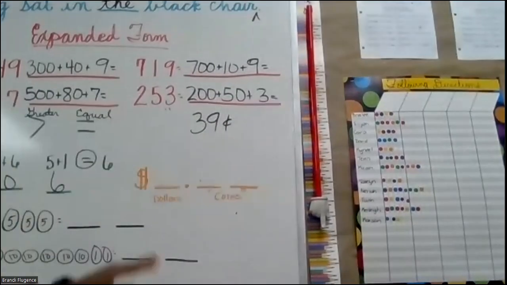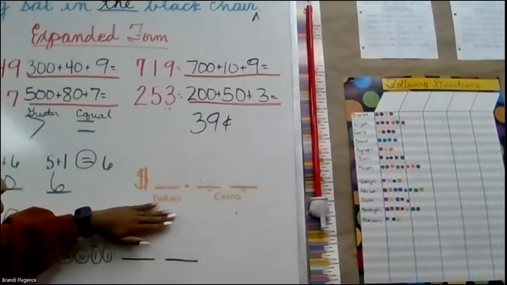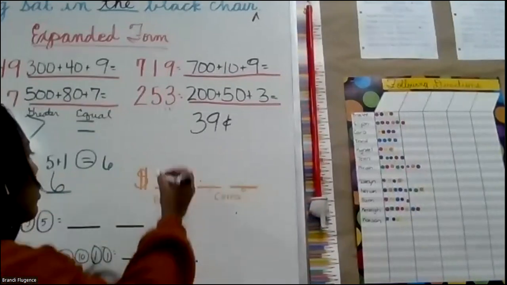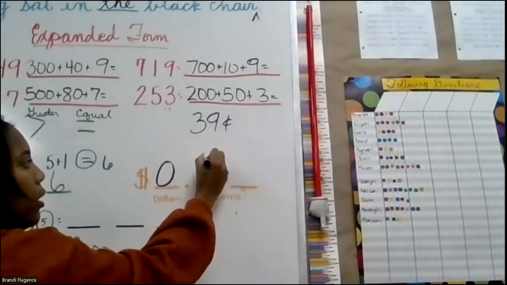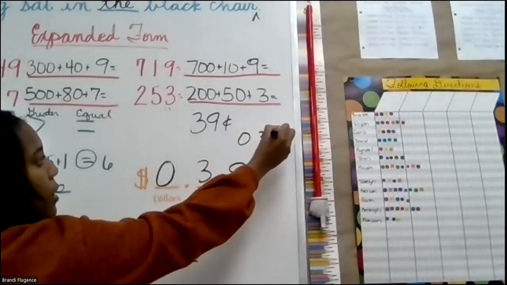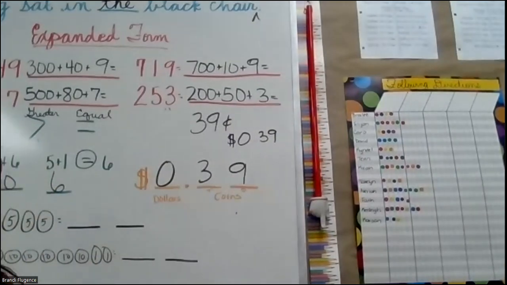Well, I take my 39 cents and put it in this form. Do we have any dollars in 39 cents? No. So I'm going to put 0. And what's my amount? 39. So this is what it looks like without the lines.